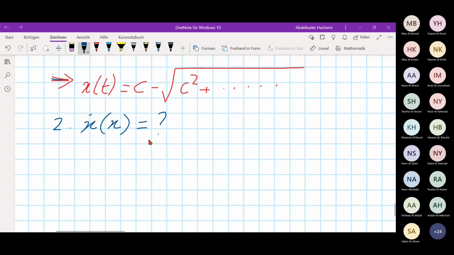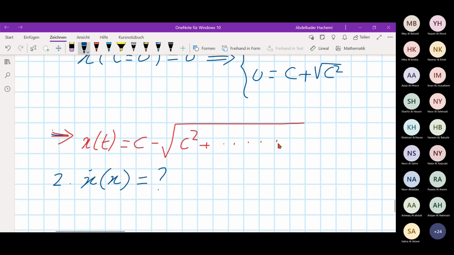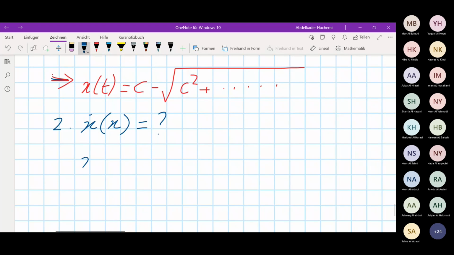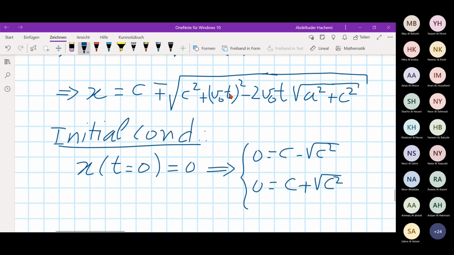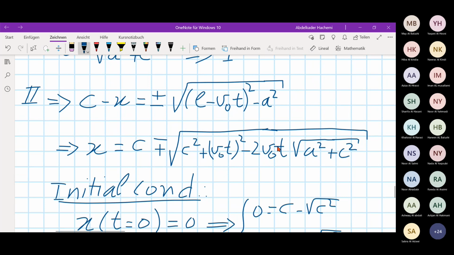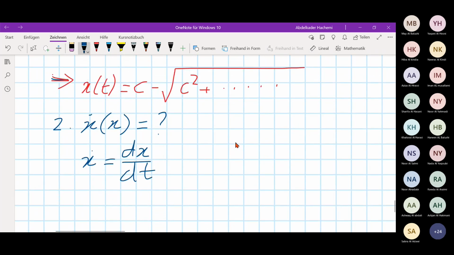What we have to do is take the time derivative of this equation. We know that x dot is dx divided by dt. You make the time derivation with respect to time: we have the time t here, V0 is constant, C is constant, A is constant. Then we have only to take the time derivative of this term.